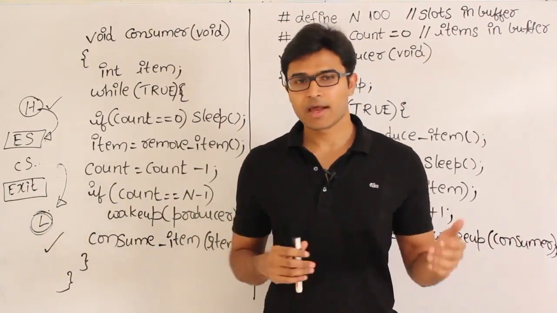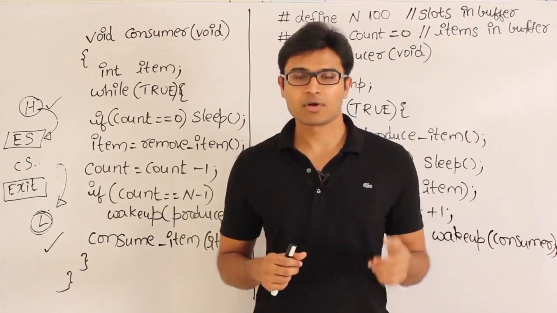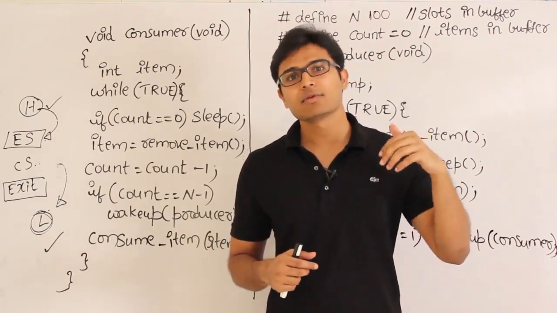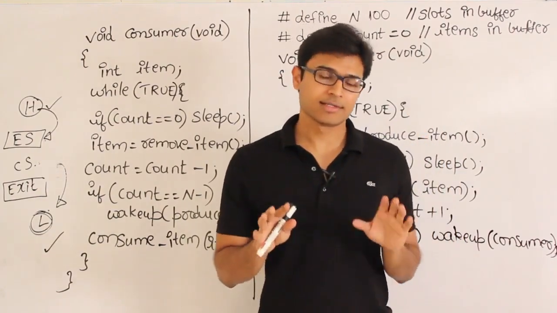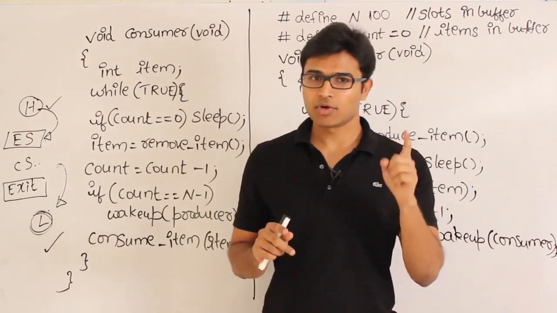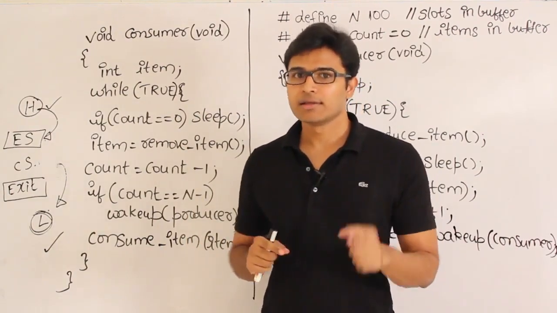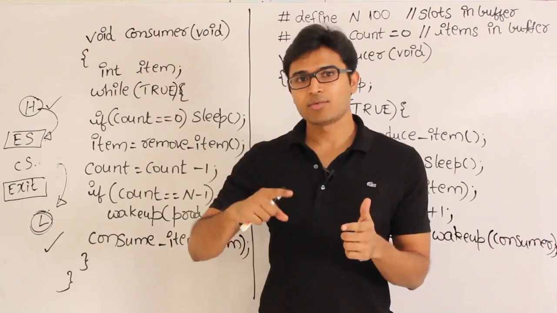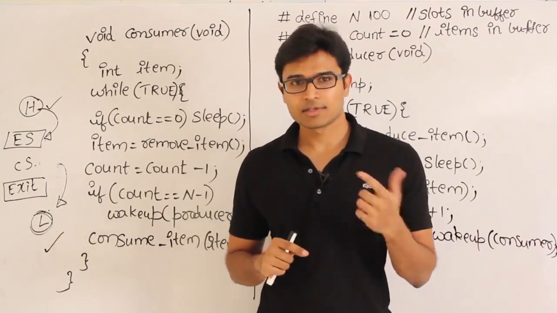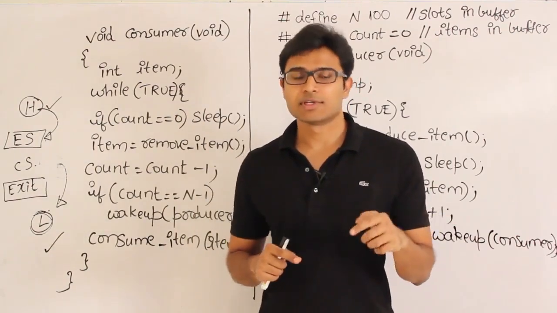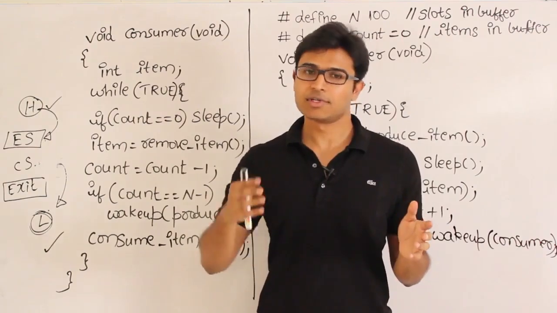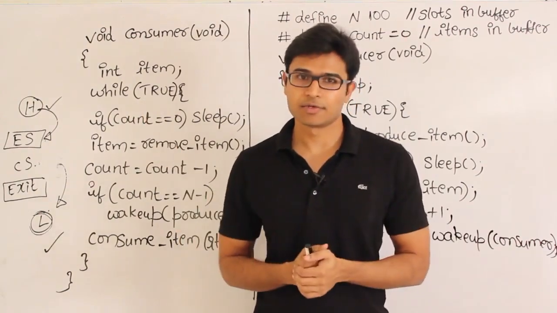That could be anything. Either it could be a result of a computation, or it could be something it received from some other process. Whatever it is, the main communication is one process writes and the other process reads. The process which writes is also called the writer, and the process which reads is called the reader, or sometimes the producer. The process which writes is called the producer, and the process which reads is called the consumer, right?